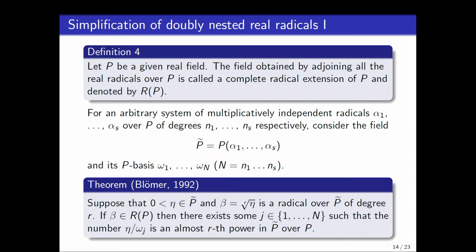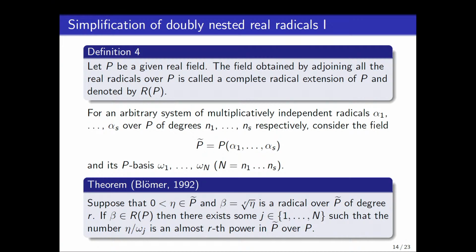And for an arbitrary system of multiplicatively independent radicals alpha 1, ..., alpha s over P, again we consider the field P tilde, and so the extension and its basis, with degree being a product of degrees of radicals.